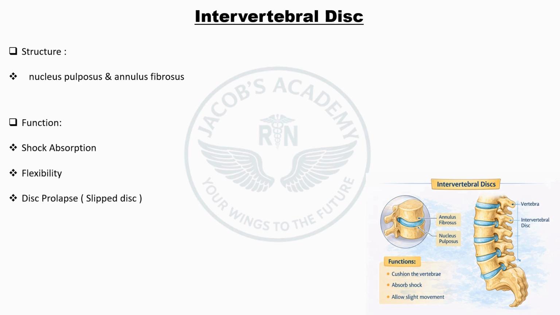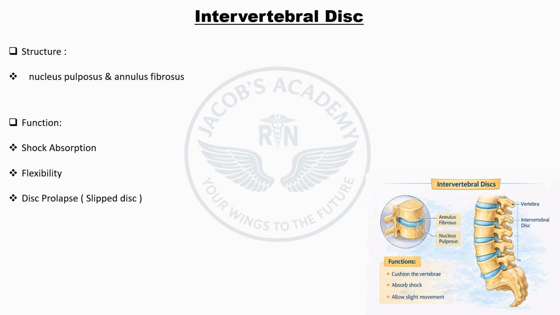The first function is shock absorption. The disc absorbs shock while walking, running or lifting weights, protecting the vertebrae from damage. The second function is flexibility. The intervertebral disc allows slight movement between vertebrae, enabling bending, twisting and rotation of the spine.